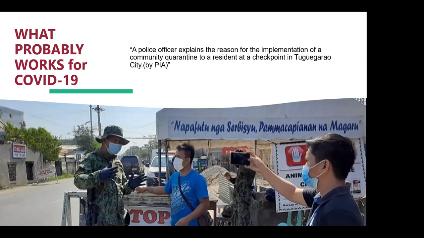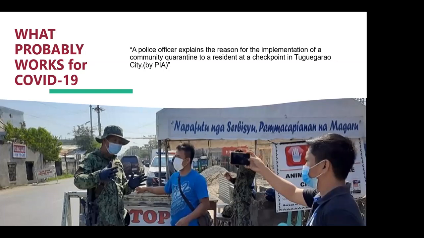But fortunately, things were under control. There were really no abuses that were reported. Perhaps there were a number of people who were said to be not compliant to the quarantine, but for the most part, people were really behaving.